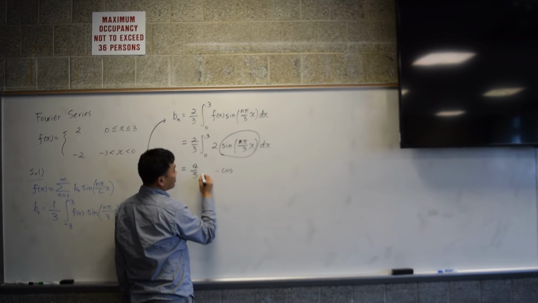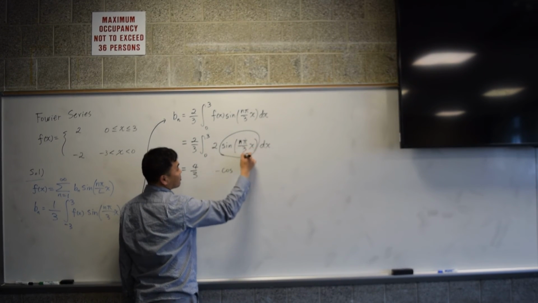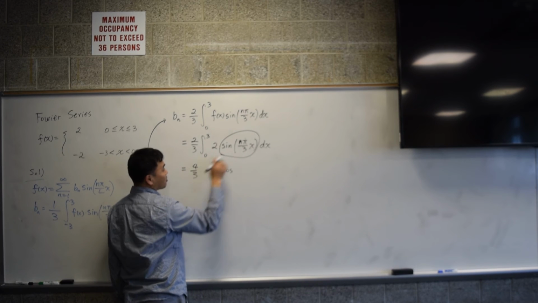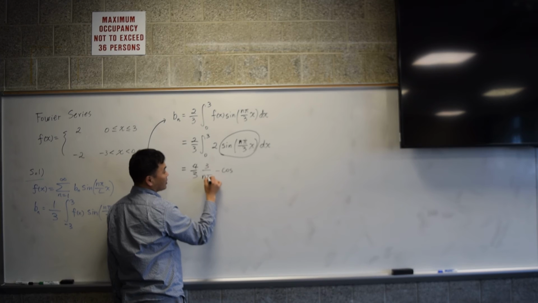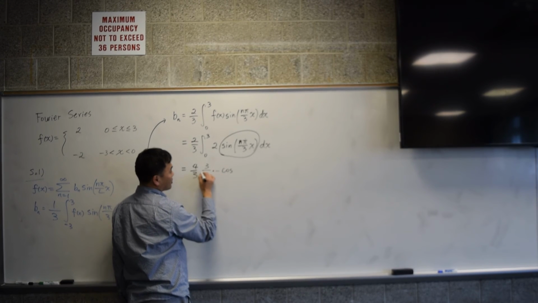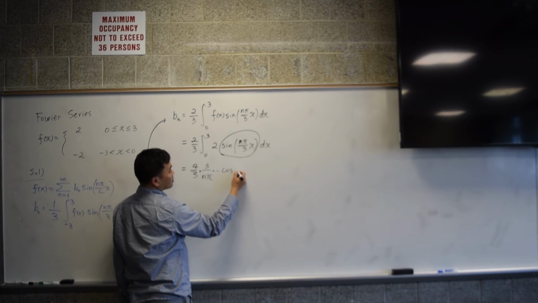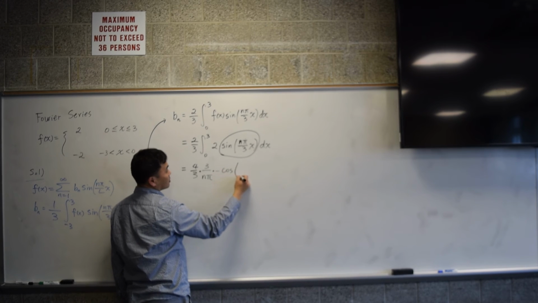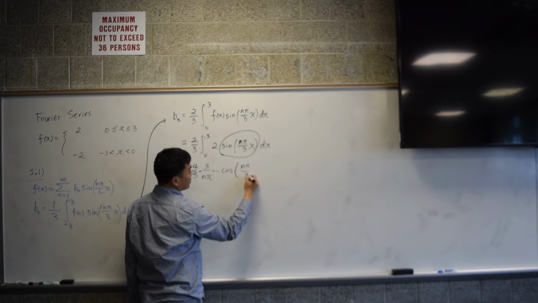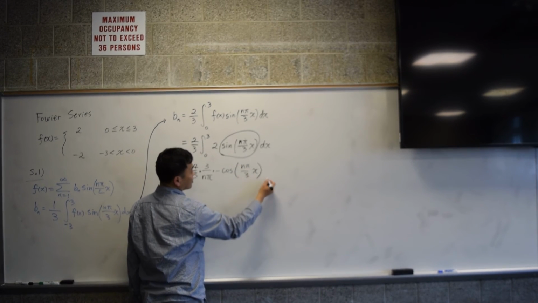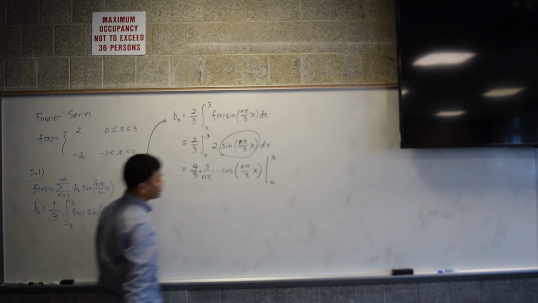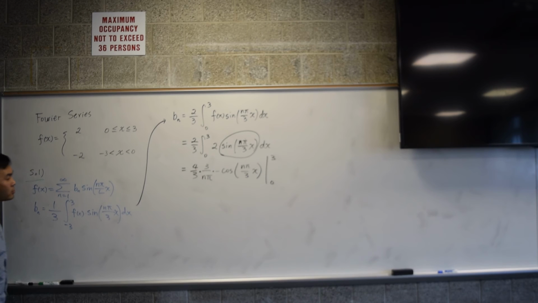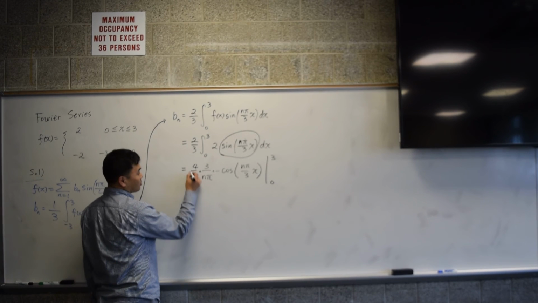And then we also learned that whatever is in front of this x, the reciprocal of that should be in front. So it's 3 over n pi, and then cosine of n pi over 3 x, and you still have to plug in the endpoints 3 and 0. I see that 3 and 3 cancel.